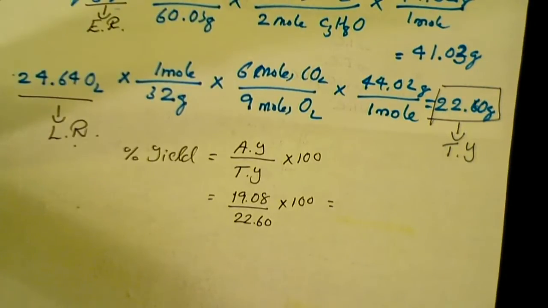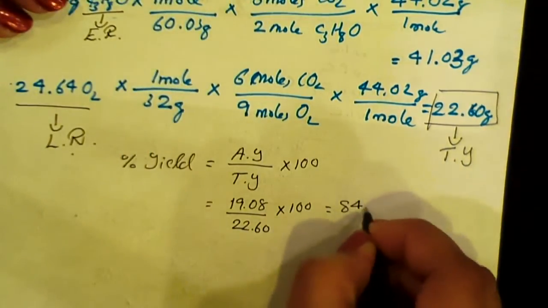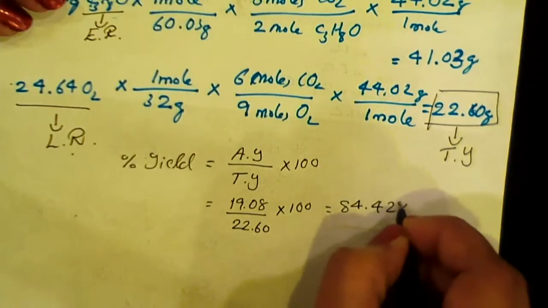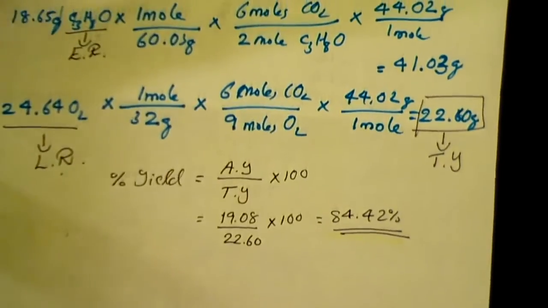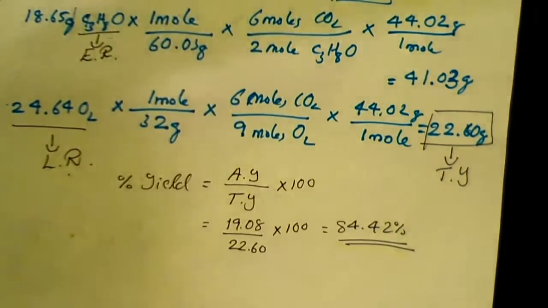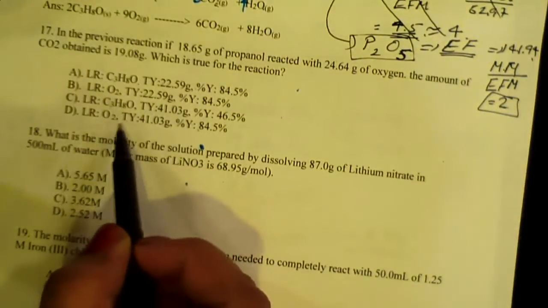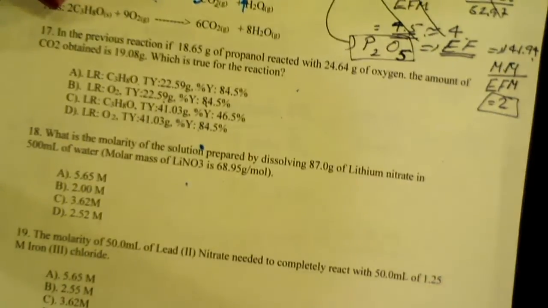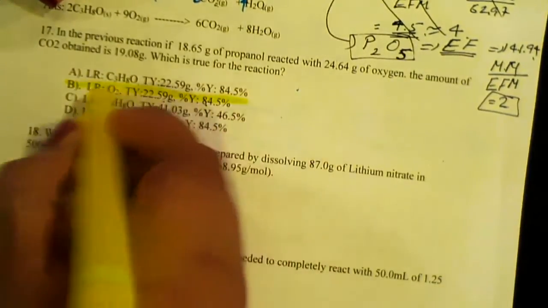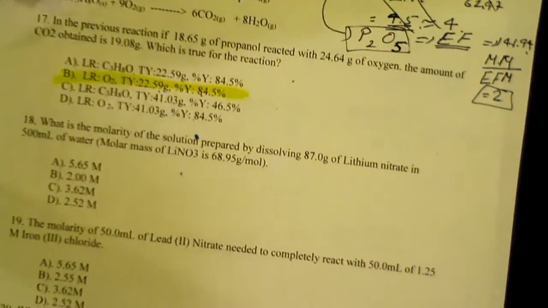of yield. Percentage of yield is the ratio between actual yield over theoretical yield times 100. So 19.08 over 22.60 times 100, which is 84.42%.